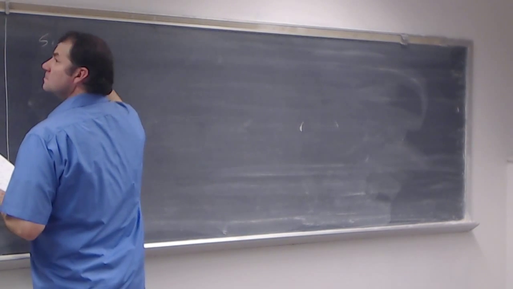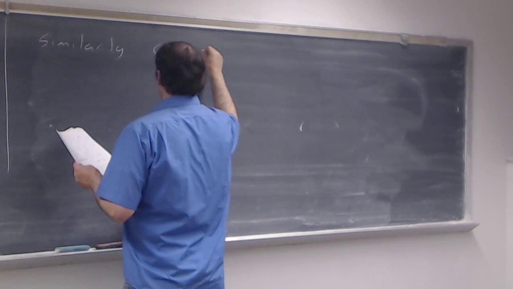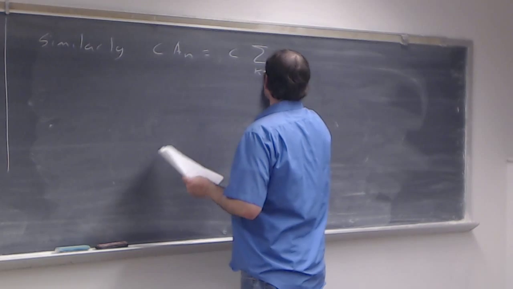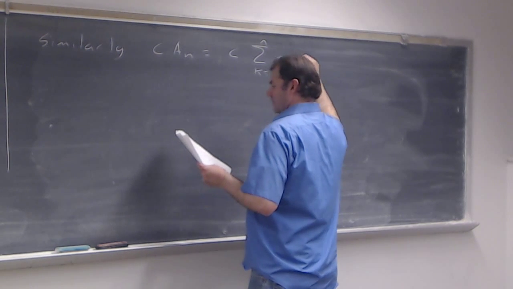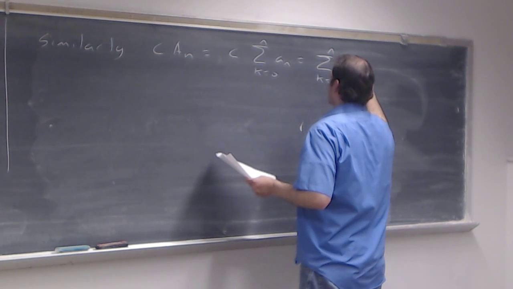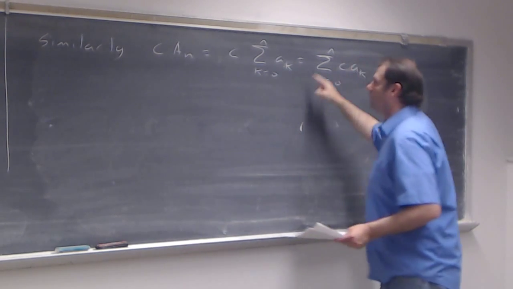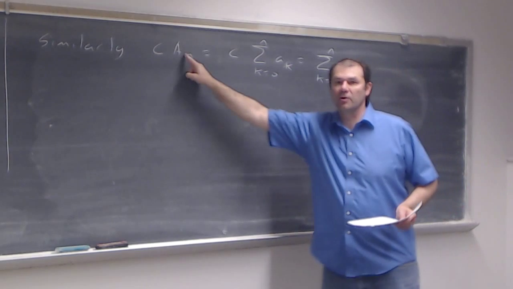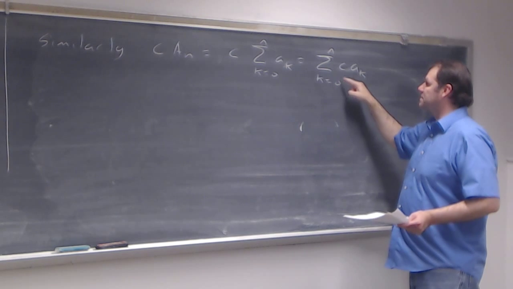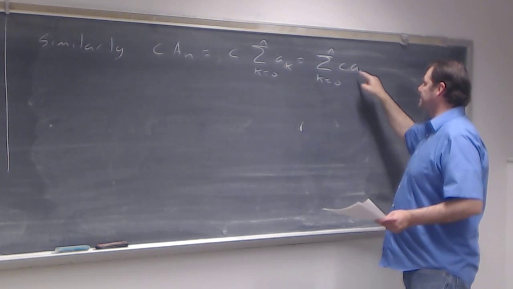So similarly, C times A sub n, which is equal to C times the sum as k runs from 0 to n of little a sub k, which equals the sum as k runs from 0 to n of C times a sub k. That means C times A sub n right here is a term in the sequence of partial sums for the series, the sum as n runs from 0 to infinity of C times a sub n.